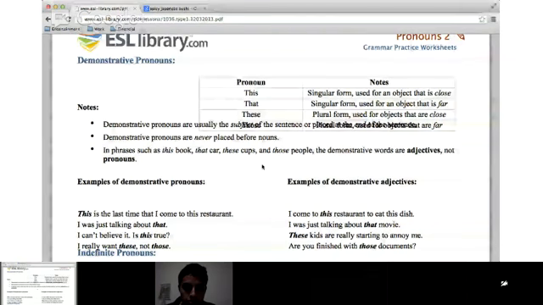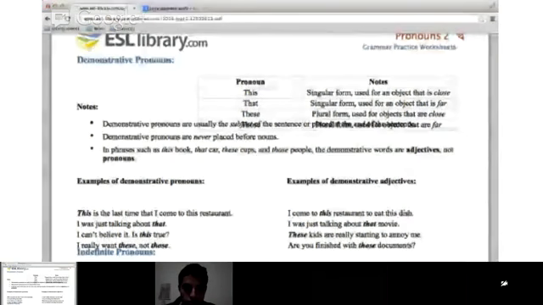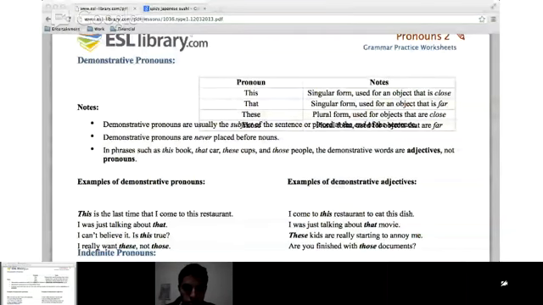These: plural form used for objects that are close. That last one is those. So it's those, and it's going to be the plural form for the objects that are far.